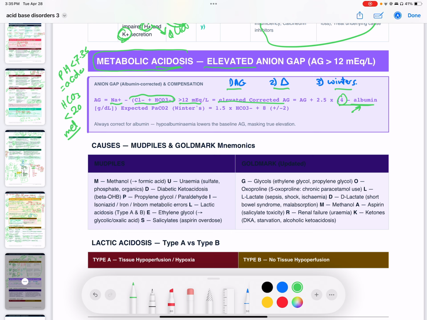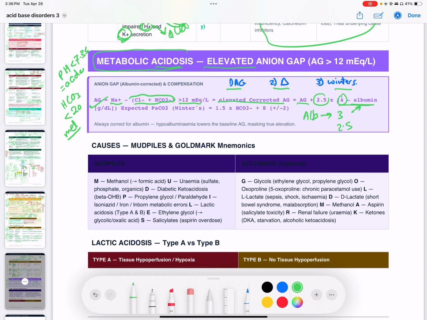Let's say it's 3 or 2, and you multiply by 2.5 and add it to the actual anion gap that you already calculated. So let's say the albumin in the patient's serum is 3. So you add 2.5 to the anion gap.